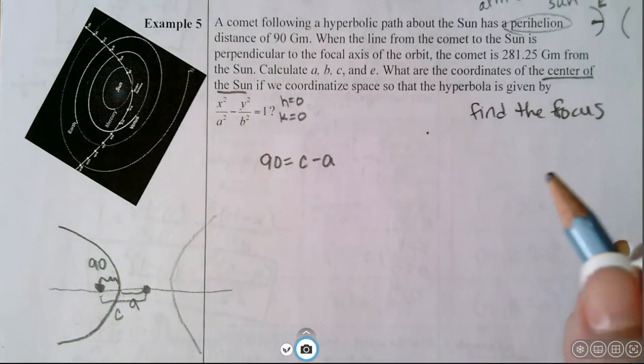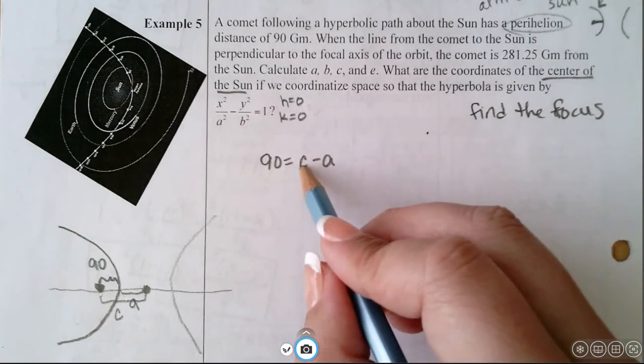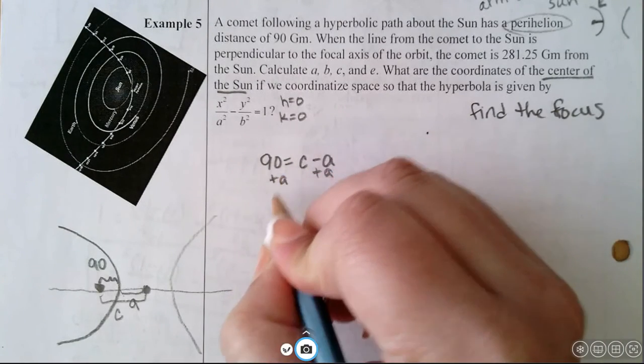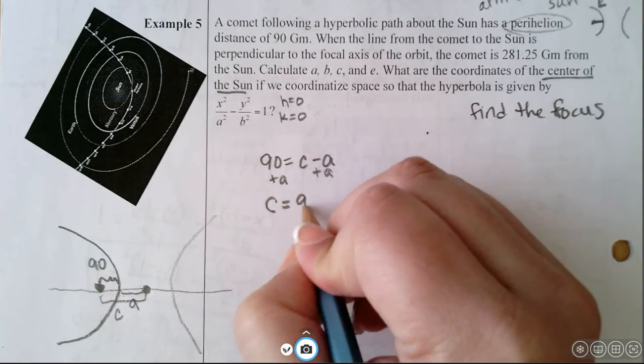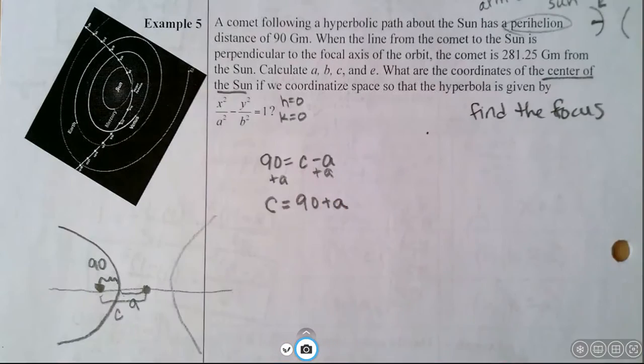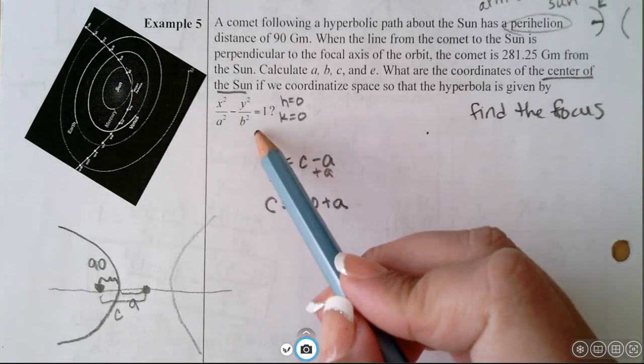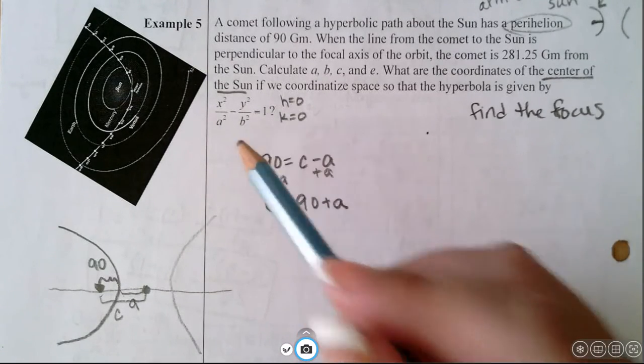So if 90 is C minus A, then I can add A to both sides and see that C is 90 plus A. So I've solved for C, but it's still in terms of A. I would really like to find out what the value of A and B are in order to finish this equation, or to at least find the focus.